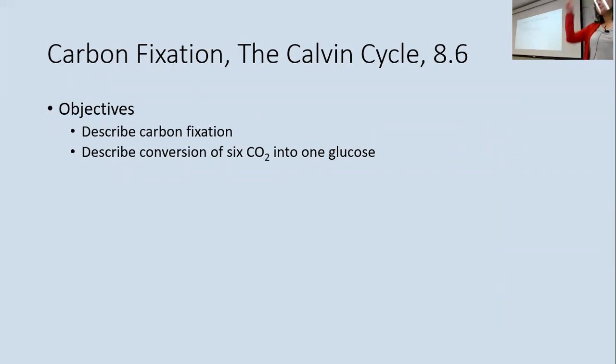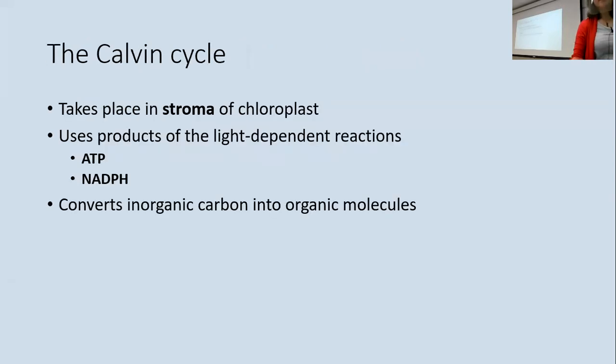It's a cycle, and it's going to look similar to the Krebs cycle in some ways. We're going to talk about carbon fixation, and then the Calvin cycle, where we convert 6 molecules of CO2 into a glucose molecule. We're moving out of the thylakoid membrane.